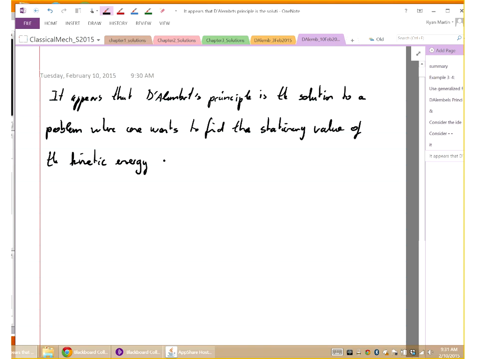It's not really the stationary value of the kinetic energy so much as the stationary value of an integral of the kinetic energy, which we'll call S, to be some integral of the kinetic energy over time, right?